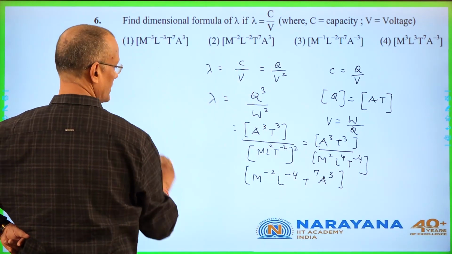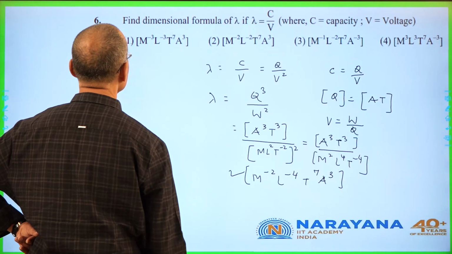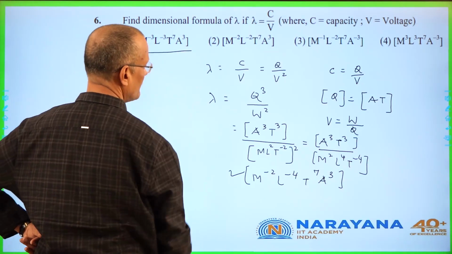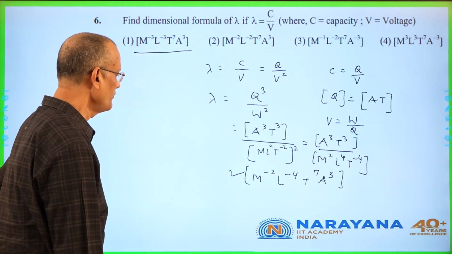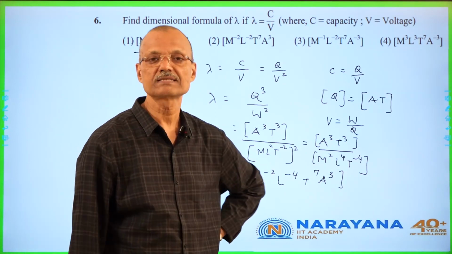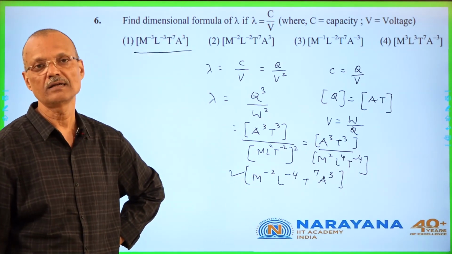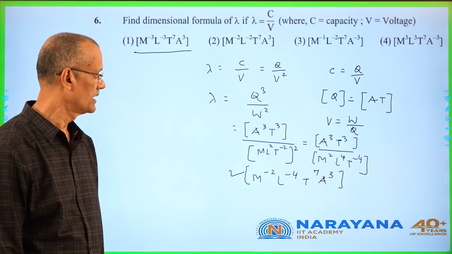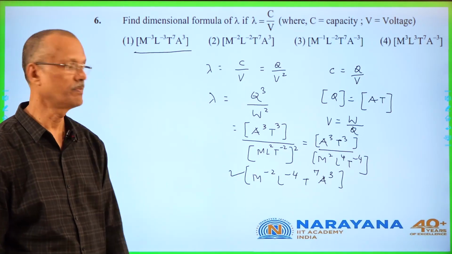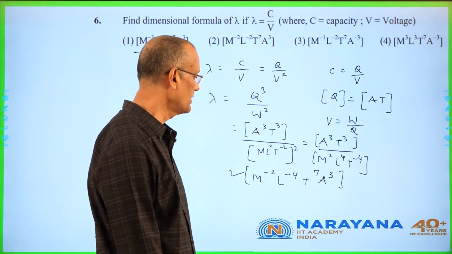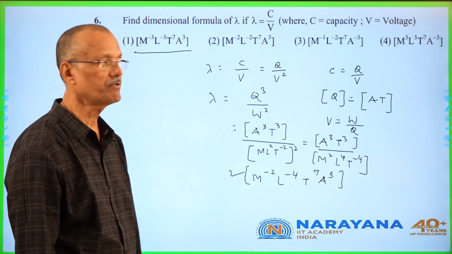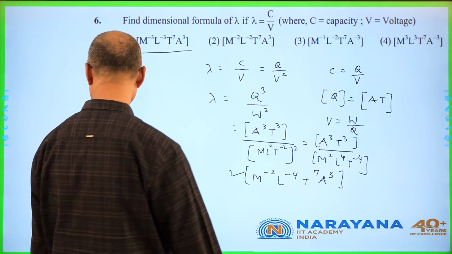In my opinion, answer should be this. Whatever they have given from memory, I feel that they have made some mistake in dictating the question. In my opinion, answer should be M minus 2, L minus 4, T power 7, A to the power 3.